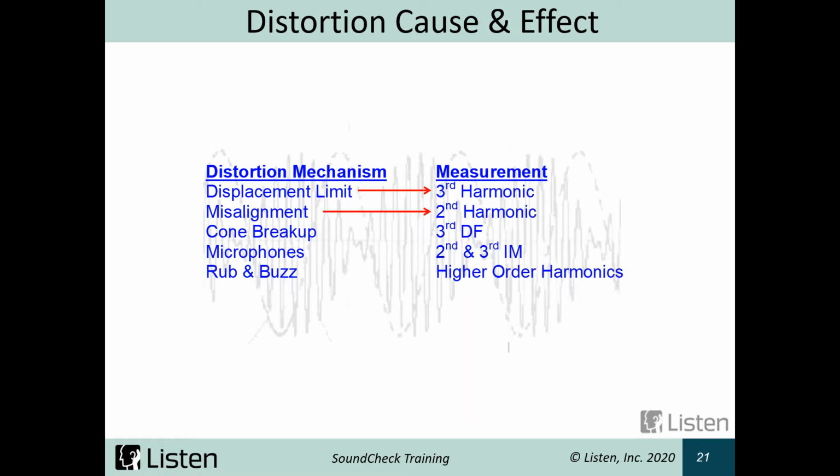If there's misalignment, that might cause a high second harmonic. And cone breakup might be shown in the third difference frequency. Microphones show second and third order intermodulation, and rub and buzz may be caused by a bent frame. This would show itself in the high order harmonics.